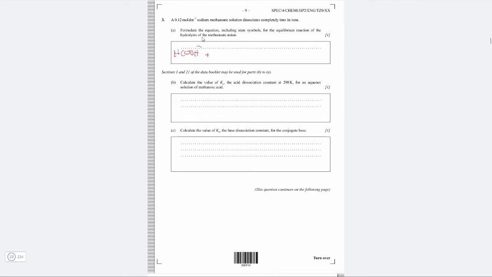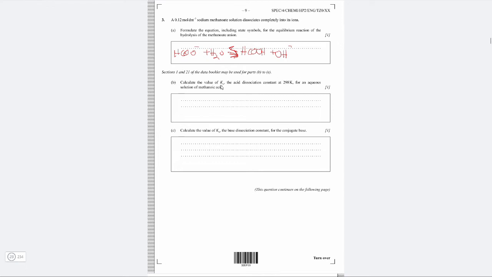Oh, oops, wrong again. COO minus plus H2O, and this should react to form, it's an acid-base, or the water reacts as an acid. So it remakes, it's an equilibrium of course, regenerates the acid, and then you get the hydroxide.